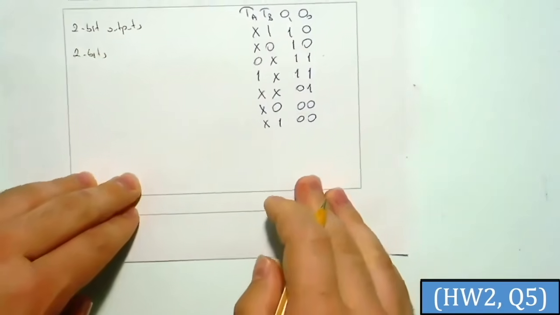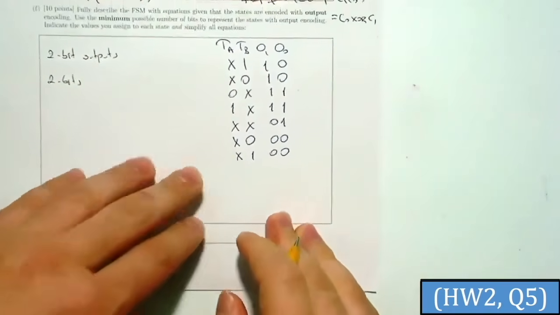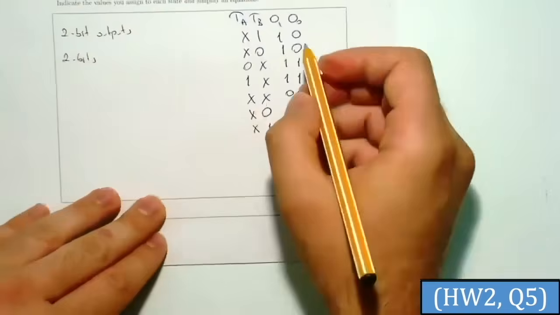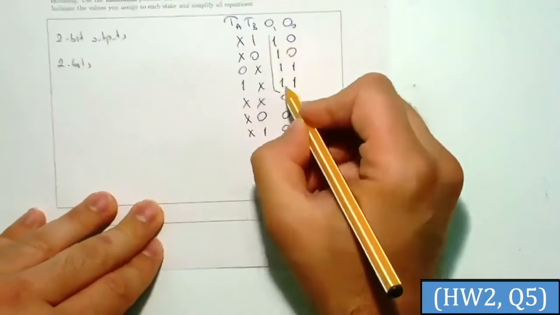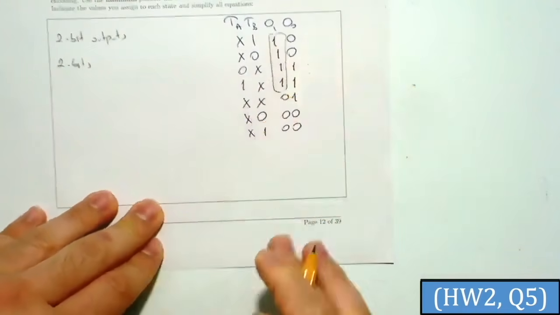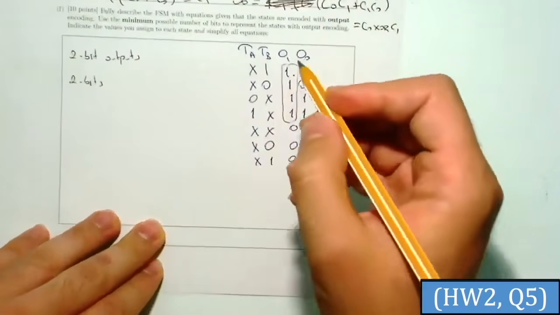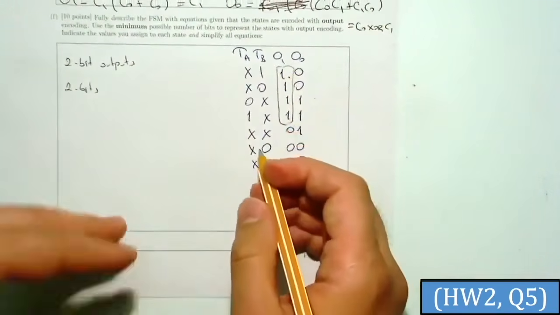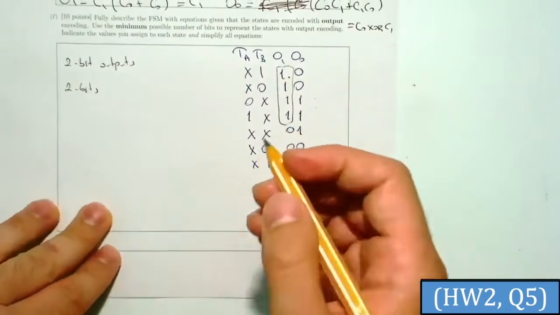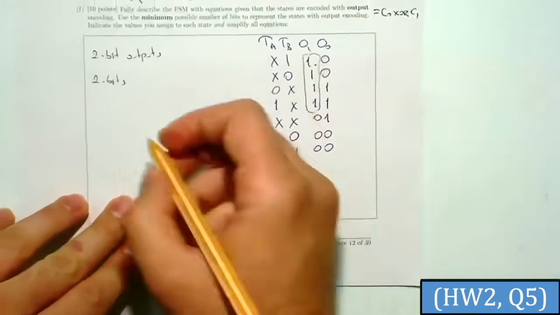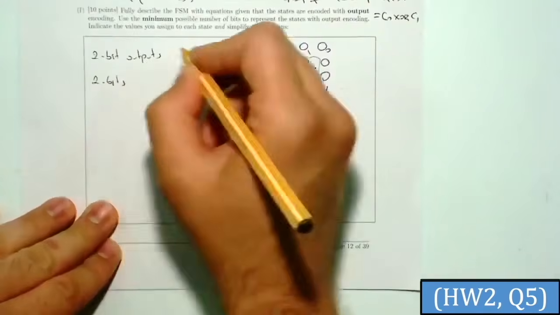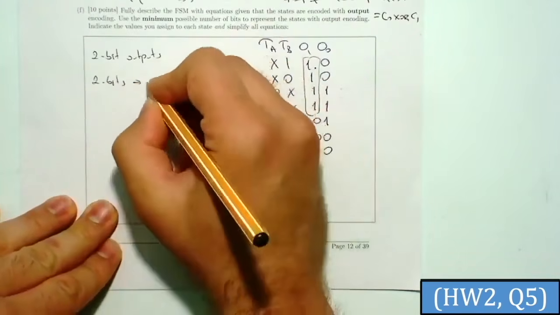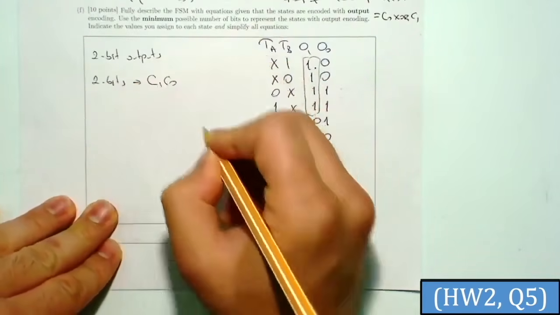So what I want to ensure is that when O1 is 1, then O1 is determined exactly, hopefully, by 1 bit. Let's say that I'll use 2 bits for the states, so C1 and C0.